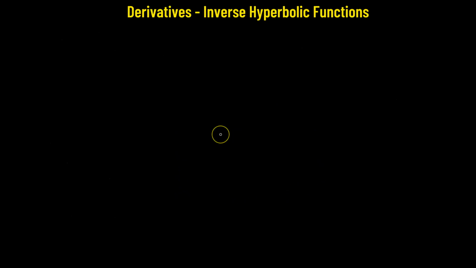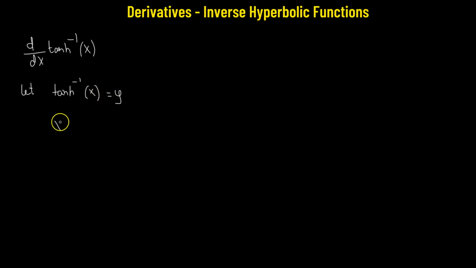Next, we talk about the derivative of the inverse hyperbolic tangent function. So let the inverse hyperbolic tangent function be equal to y, or simply x equals the hyperbolic tangent function of y.